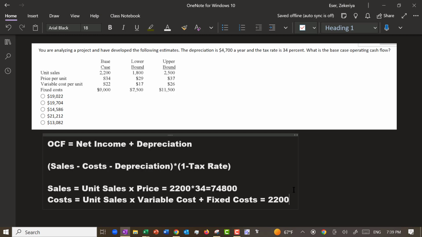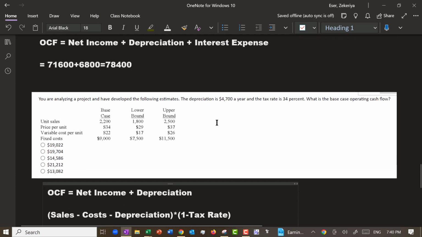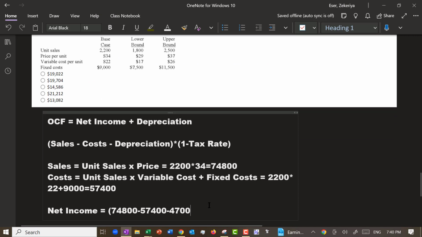Hence, net income is 74,800 minus 57,400 minus annual depreciation of 4,700, times 1 minus the tax rate. Okay? You just add back the depreciation to the net income.